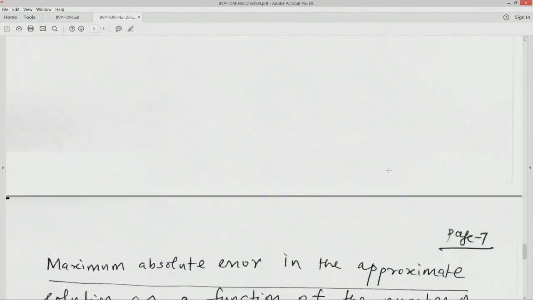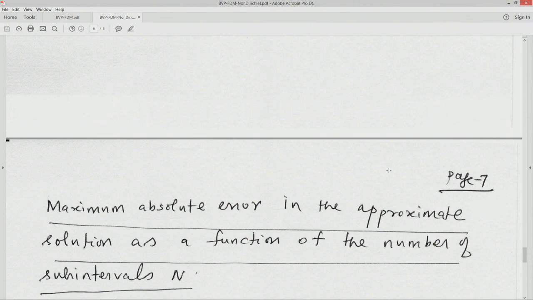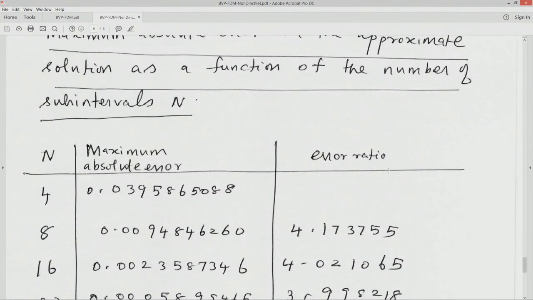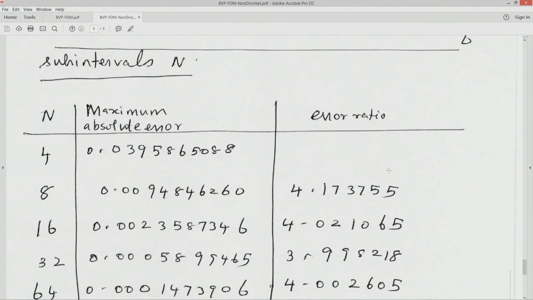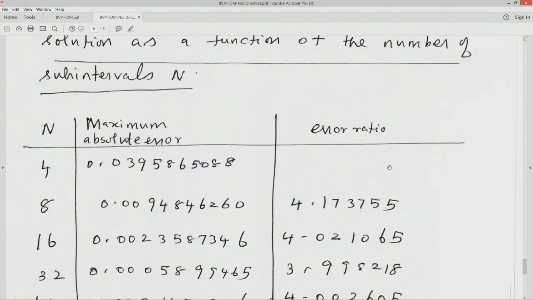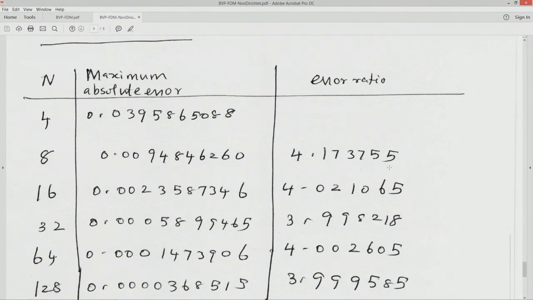In addition, we would like to check the numerical accuracy of the second order scheme that we have used to solve this boundary value problem. So, what do we do in order to assess this? We increase the number of subintervals into which we have partitioned the interval 0 to pi by 2.